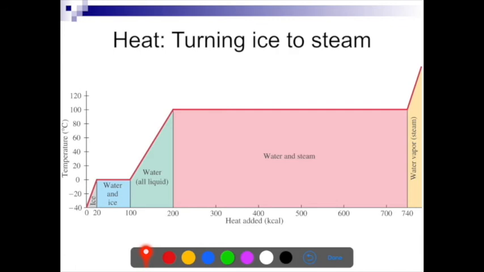Okay, so let's look at our graph again. One scenario is that you are starting with steam, whose temperature is at 100 degrees Celsius. So in the first scenario, this is your starting point. Right?